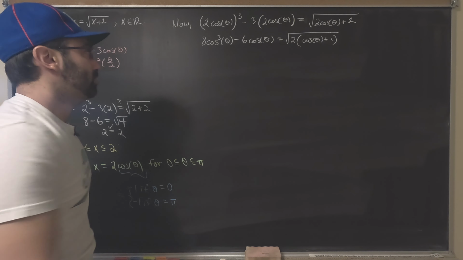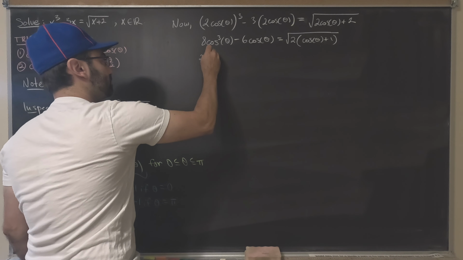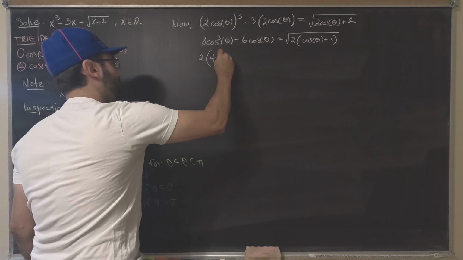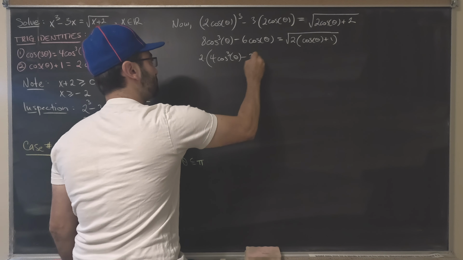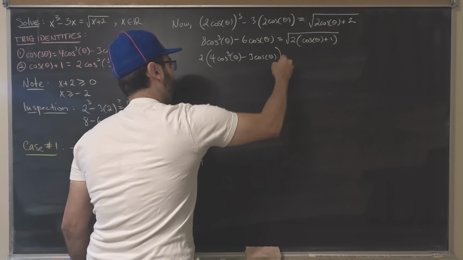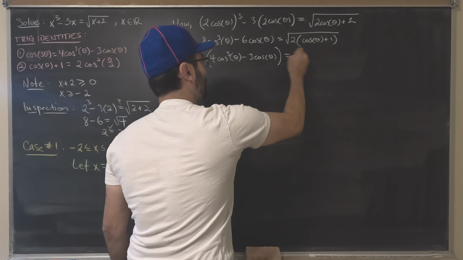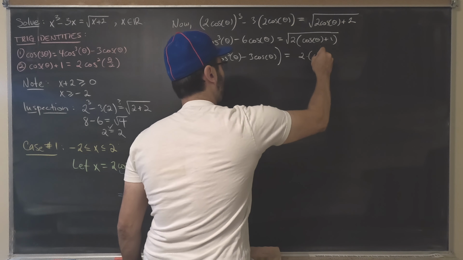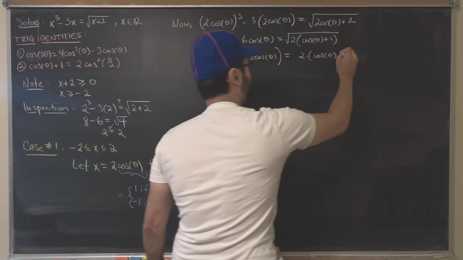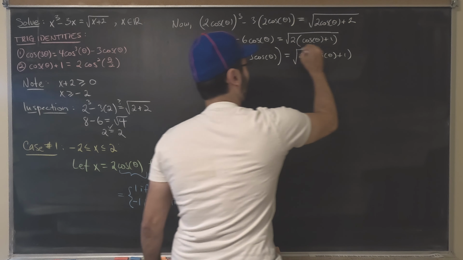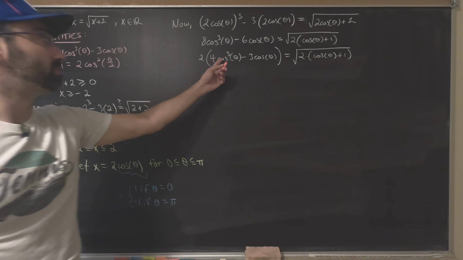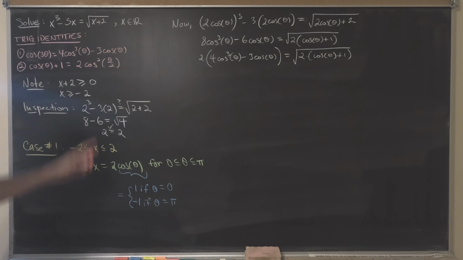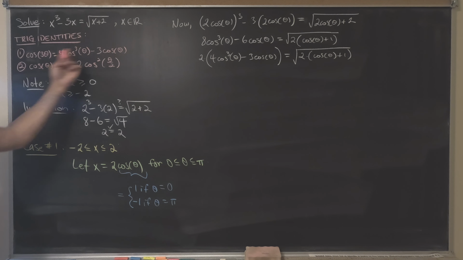Here we can factor out a 2, leaving us with 4 cos cubed of theta minus 3 cos of theta equals, and we'll just leave the right-hand side for now. But here's the nice thing. 4 cos cubed of theta minus 3 cos of theta, that's just this identity right here.